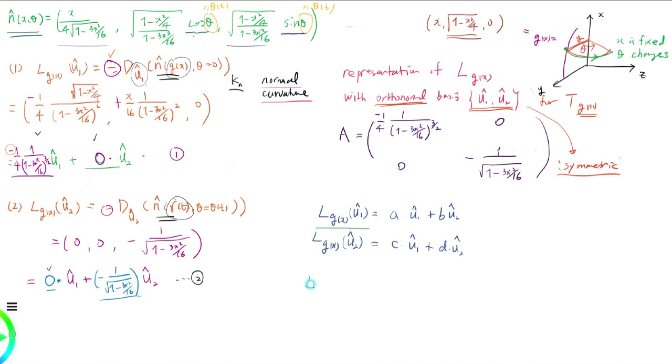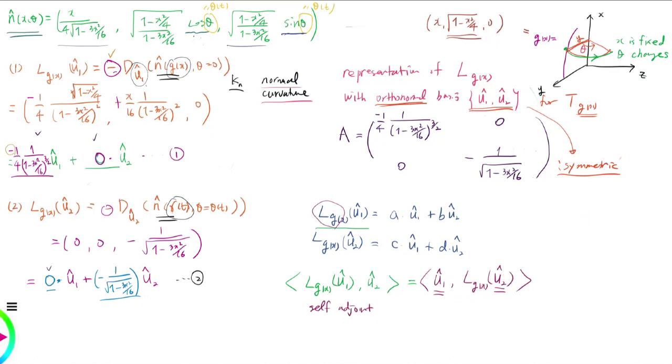And then we take an inner product, this one with the u2 unit vector, and then since this shape operator is self-adjoint, which means, I'm not going to go into detail, but here self-adjoint means this equality holds for every tangent vector field u1 and u2.